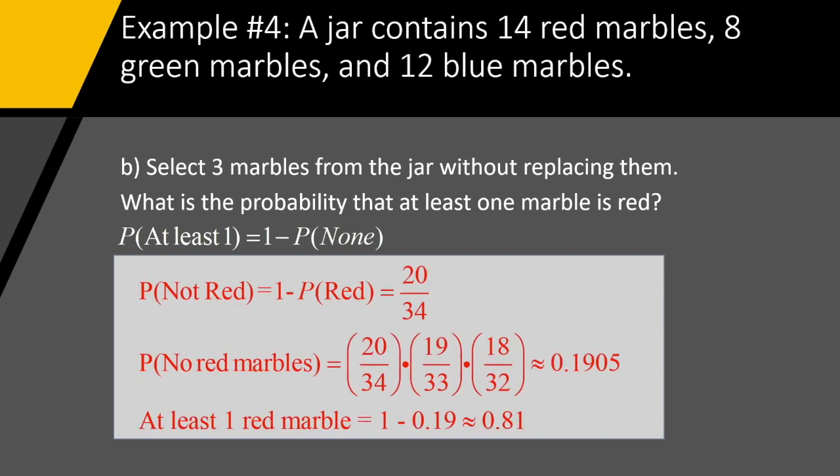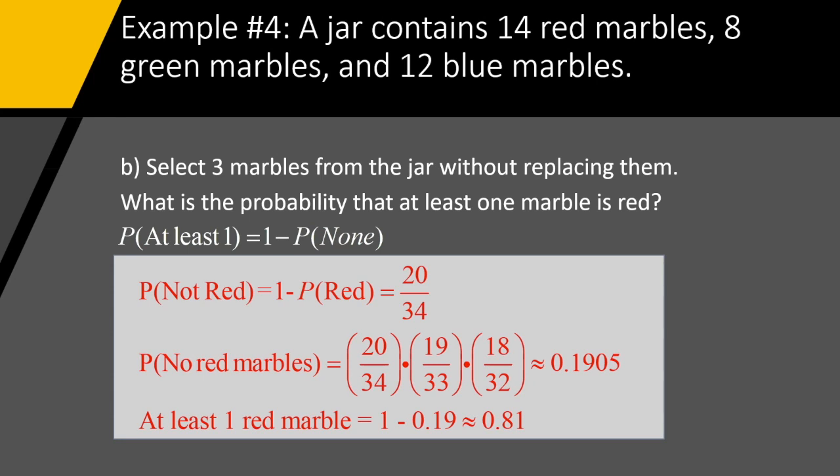So if we are not replacing the marbles, the first time that we draw a marble that is not red, it would be 20 out of 34. The second marble we get would be 19 out of 33, and the third marble would be 18 out of 32. And then we can multiply those three probabilities together to get approximately 0.1905.